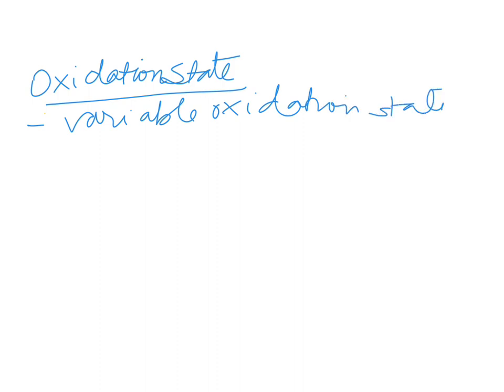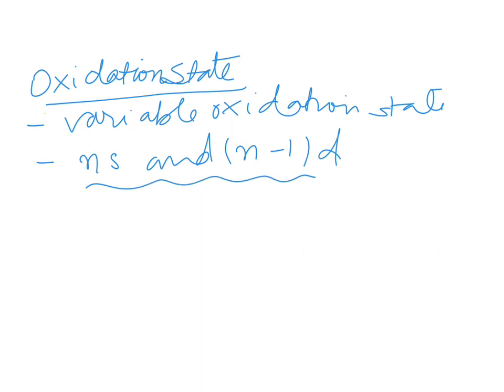The reason for this is that you have ns as well as (n minus 1)d orbitals. These two orbitals are available and the electrons are there in both ns and (n minus 1)d, and both can participate.